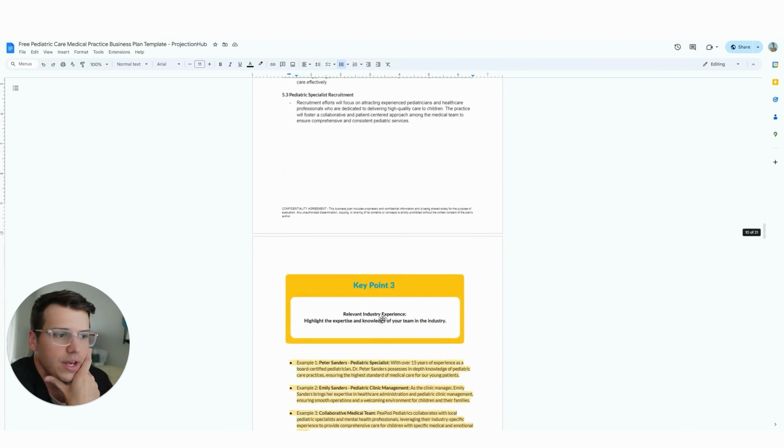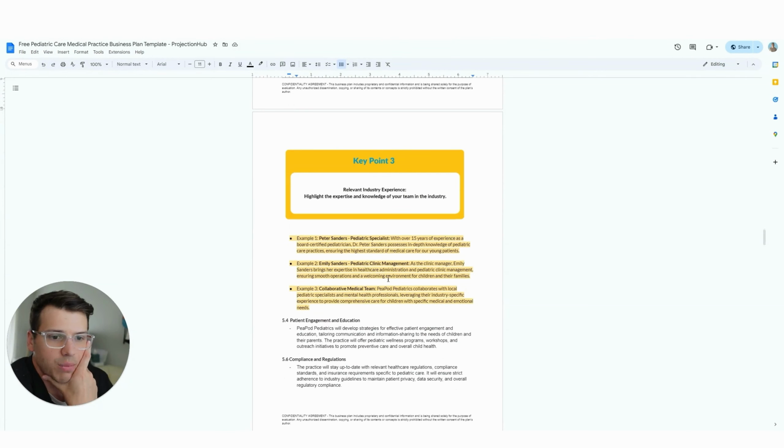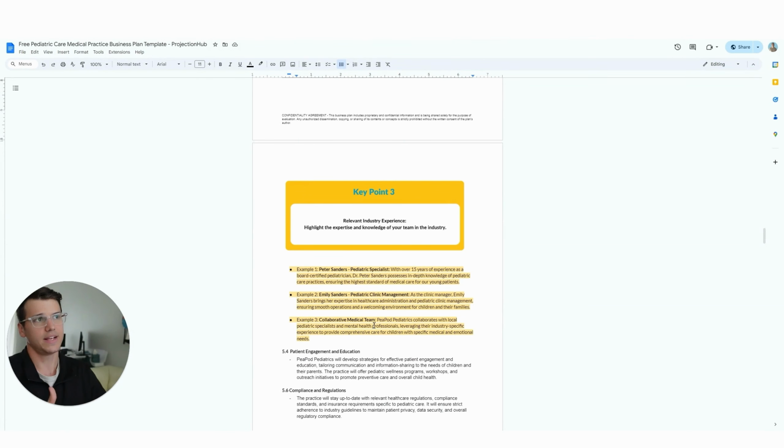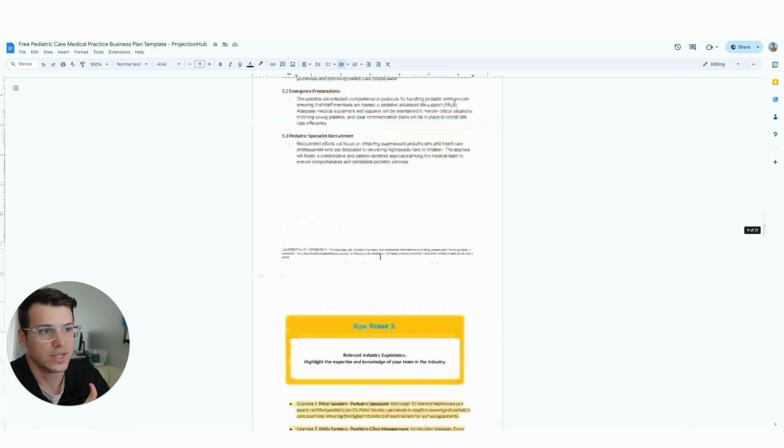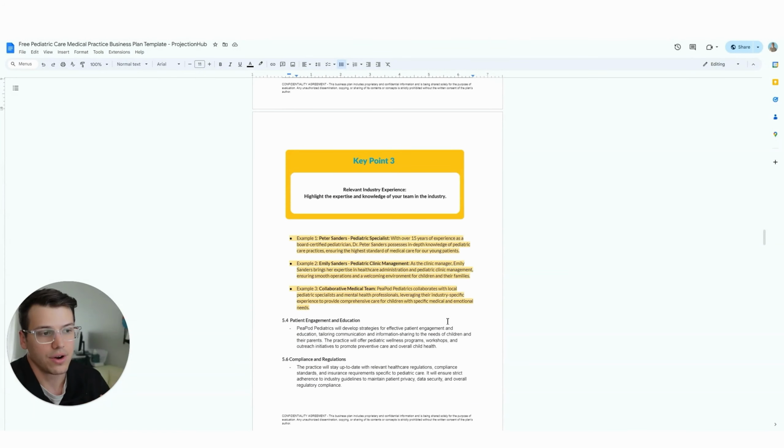But what I want to talk about is key point number 3. Assuming you're trying to get financing for your build out costs or equipment or working capital or what have you, you really want to make sure the takeaway from this section is that your lender is confident that you know what you're doing, you know what you're getting yourself into.